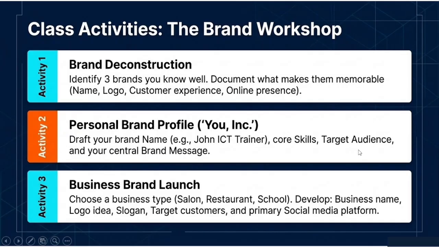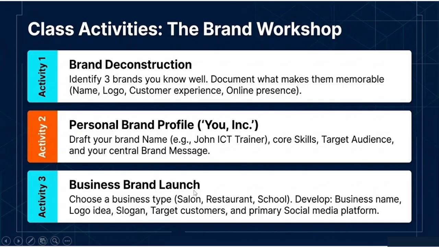Who are the people you are targeting with your skills? If you are an ICT trainer, who are you targeting? And what skills do you have? What are you planning to train them? And then your central brand message. Maybe it could be your slogan.